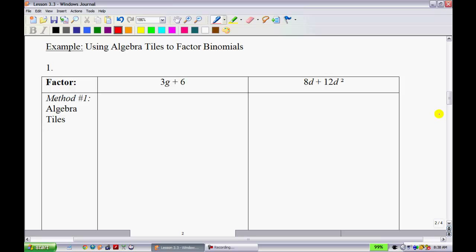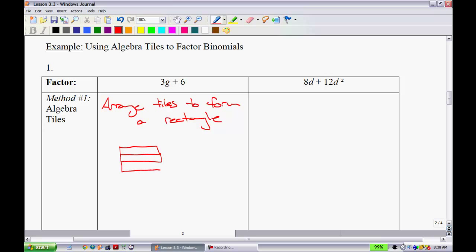So to deal with this in algebra tiles, what you're going to do is arrange the tiles to form a rectangle. All right, so if you take 3g plus 6, I'm going to take, let's say, 3g. So remember, your g's are just like your longer tiles. So I got 3 of them there.